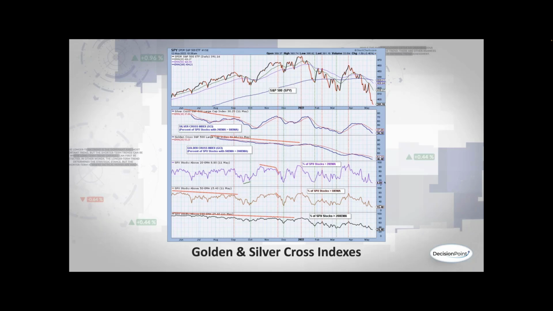Here are the stocks above their 20, 50, and 200-day EMAs. Notice that these percentages are lower than the silver cross index and the golden cross index.